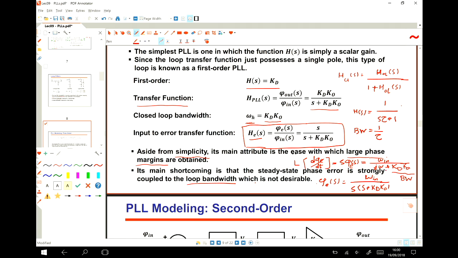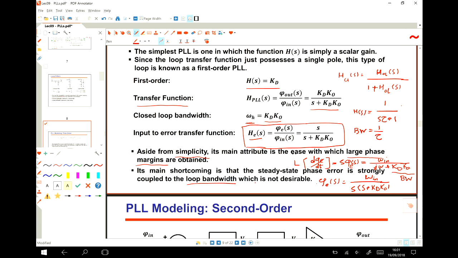So if this should be 0, then what should I do? This never goes to 0 because of this term, unless this term is very high. We have to make a very high gain for our loop so that we can achieve a 0 error.